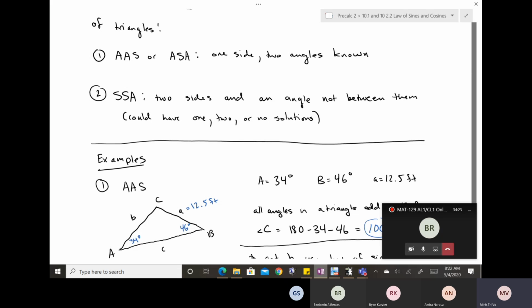And you'll run into a situation where there's two possible triangles that can have the same information. So what do I mean by this? Let's say you know two sides and an angle, so in a triangle that looks like this.